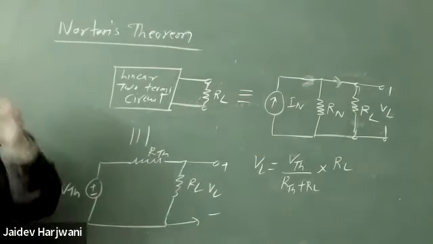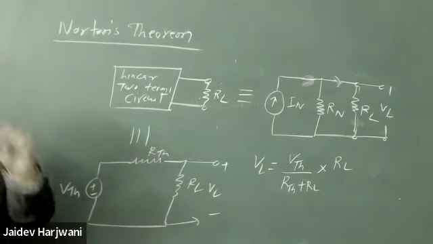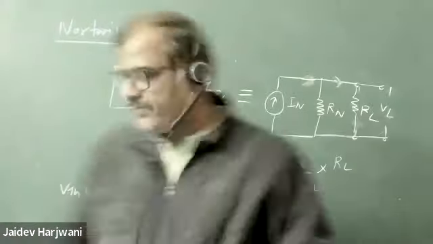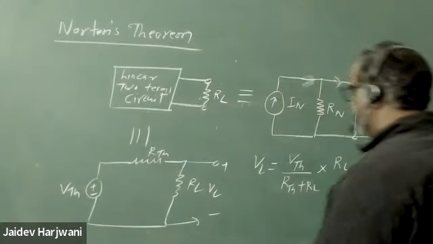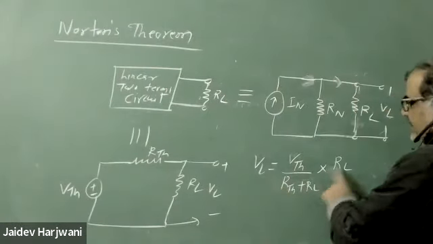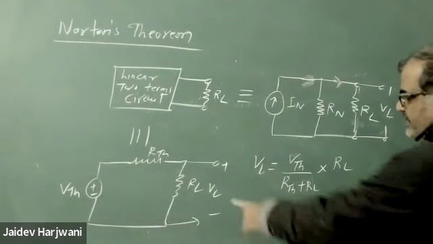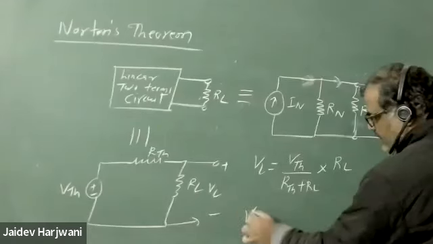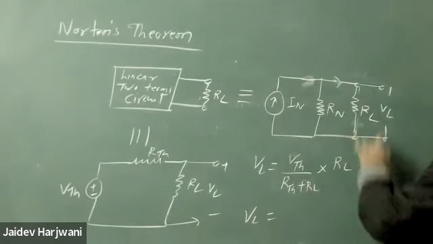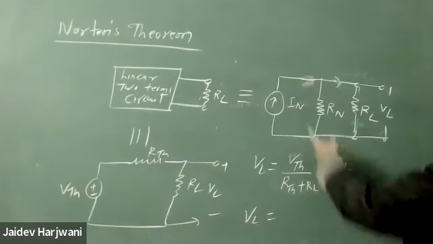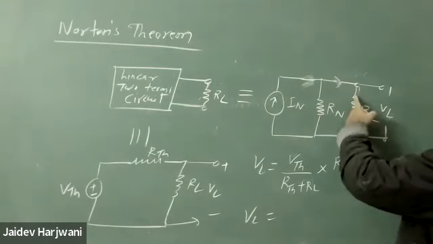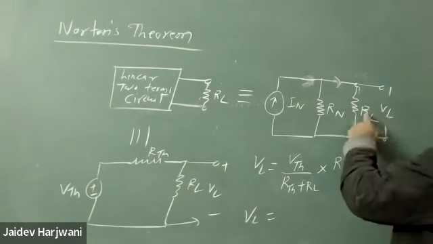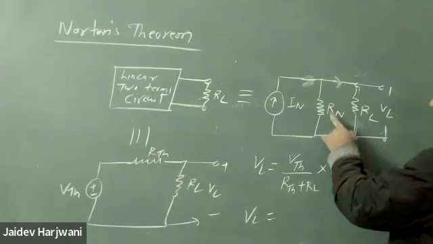Are you getting what I'm doing here? So VL equals V Thevenin over R Thevenin plus RL, into RL. Similarly, if I calculate VL from this circuit, how can I calculate it? I need the current in RL. In order to get the current here, I need to take the resistance of the opposite branch.